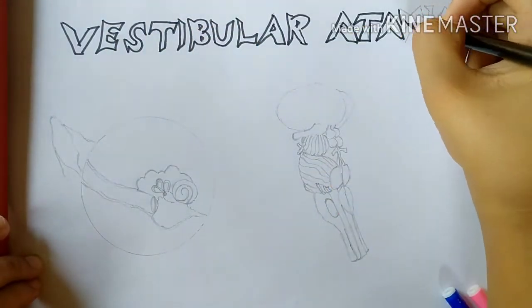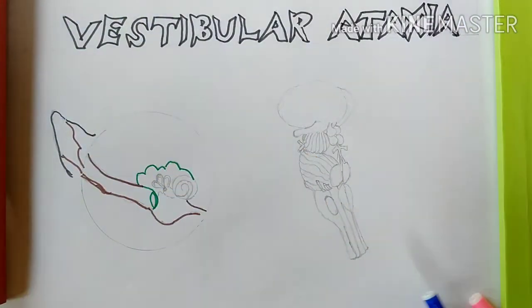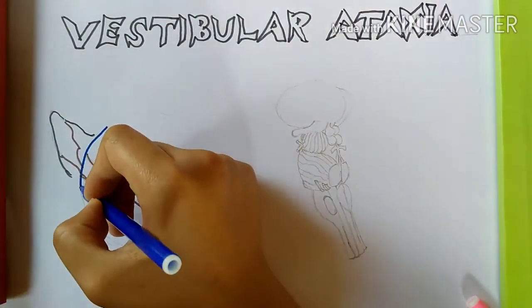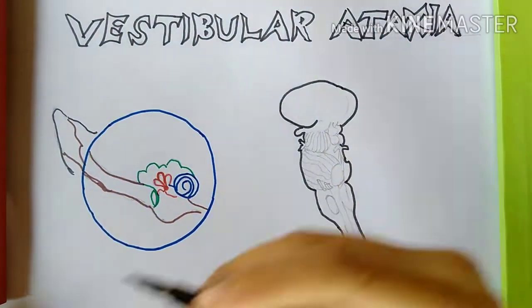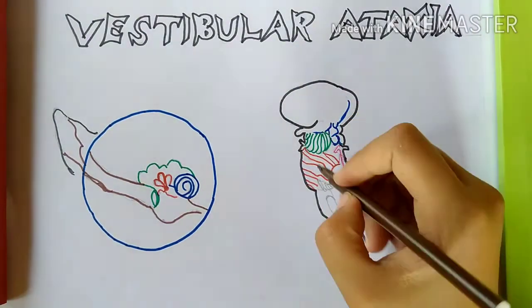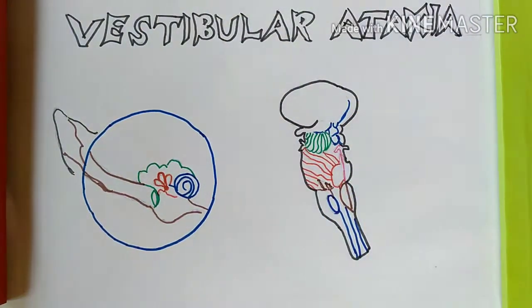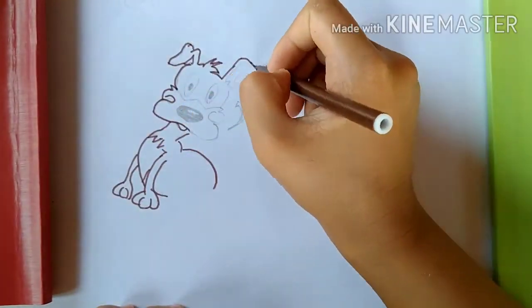Vestibular ataxia happens when the inner ear or the brainstem is damaged or abnormal, which will lead to head tilt.